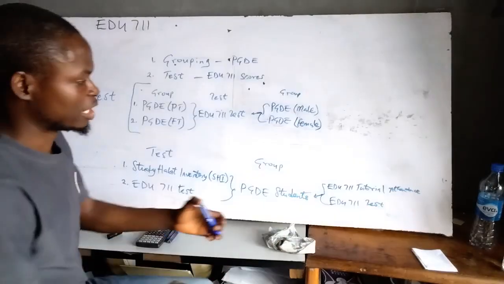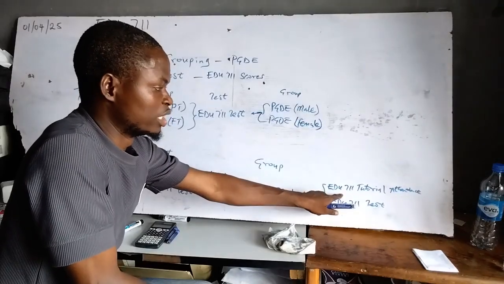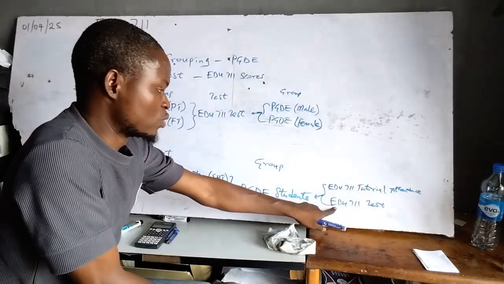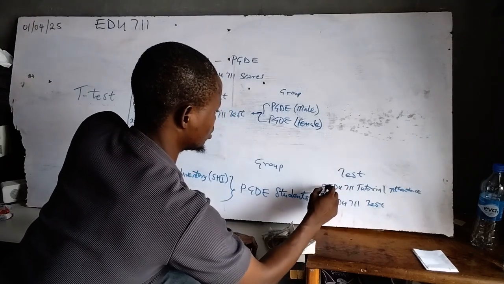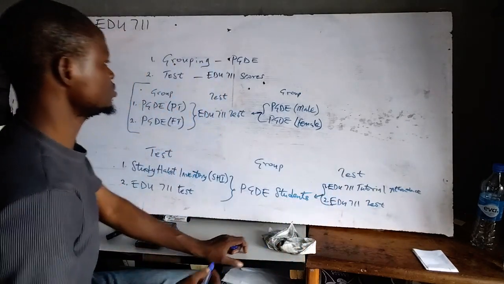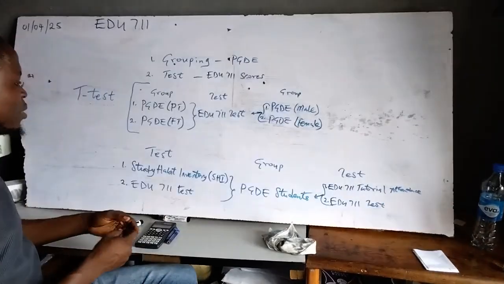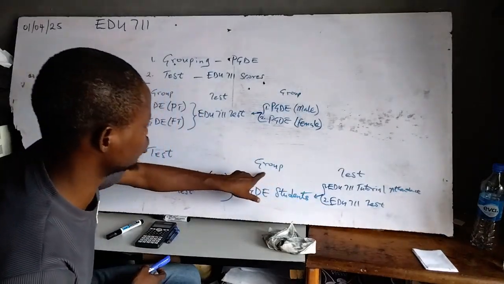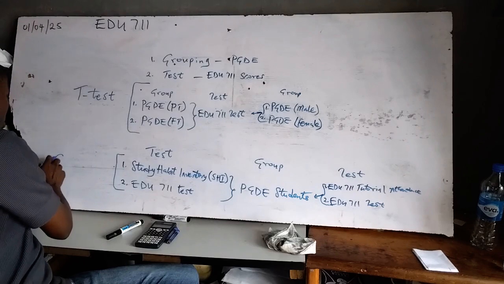That is, we have a record of how many of them attended the EDU 711 tutorial or EDU 711 class, and we have their test score as well. So for the PGD students, this is also tests. This is 1, this is 2. So in this case, where we have 2 tests and 1 group, the ideal test here is correlation.